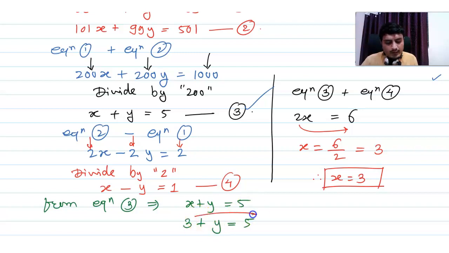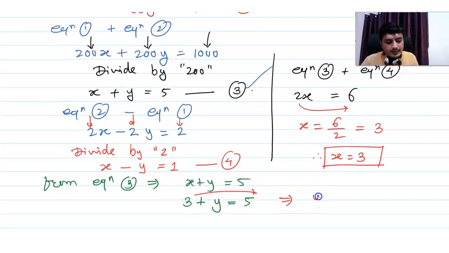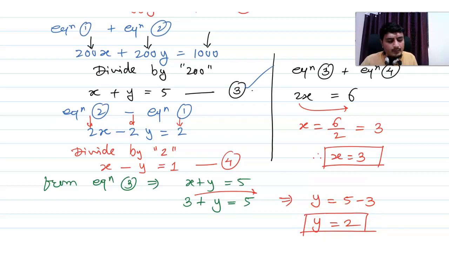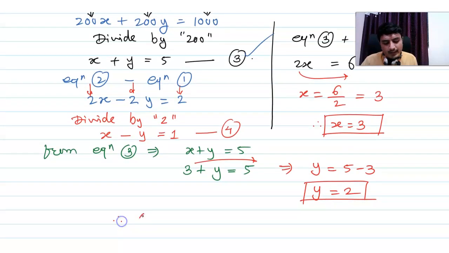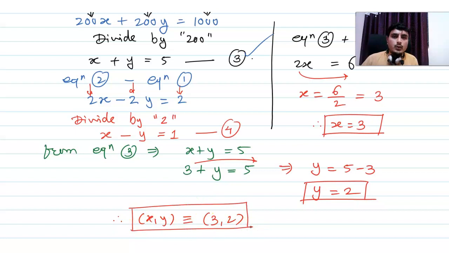To evaluate y, shift 3 from LHS to RHS, so plus 3 becomes minus 3. 5 minus 3 is 2. So the value of variable y is 2. At last I am writing our answer: x comma y equals 3 comma 2. So the value of x is 3 and y is 2 here.